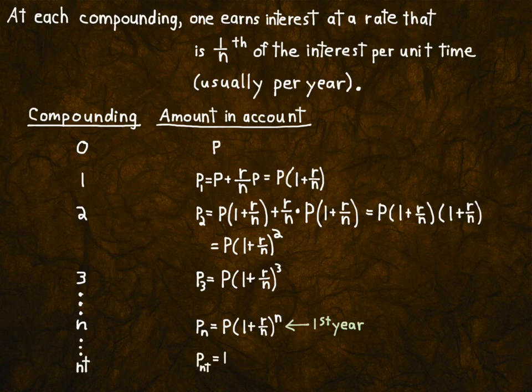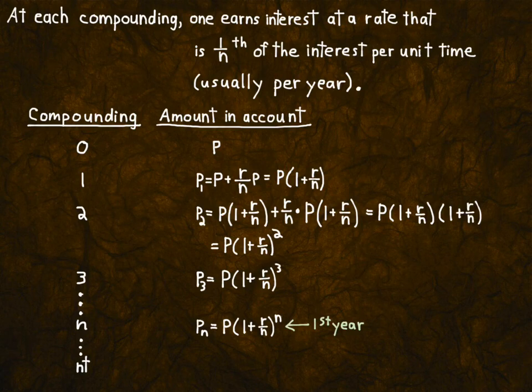But we're going to leave it in there longer. We're going to leave it in there till N times T. N times T. Yeah, that's right. So if you keep going up until N times T, and just assume for a moment that T is a positive integer, then you're going to replace that N in the previous equation with NT.